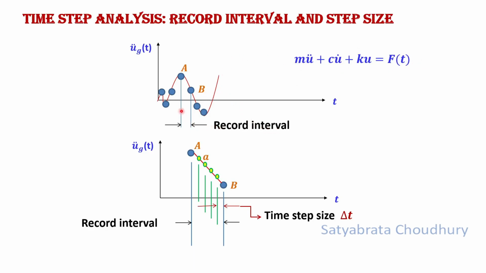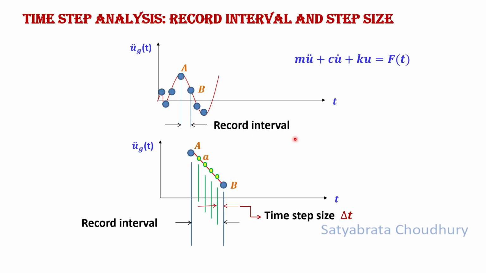So in this figure you see, suppose this is the digital record obtained from, say, the USGS site or some other site for a given earthquake. The values are given at certain discrete intervals because these are digitally available. So this interval from one point to another point is called the record interval.